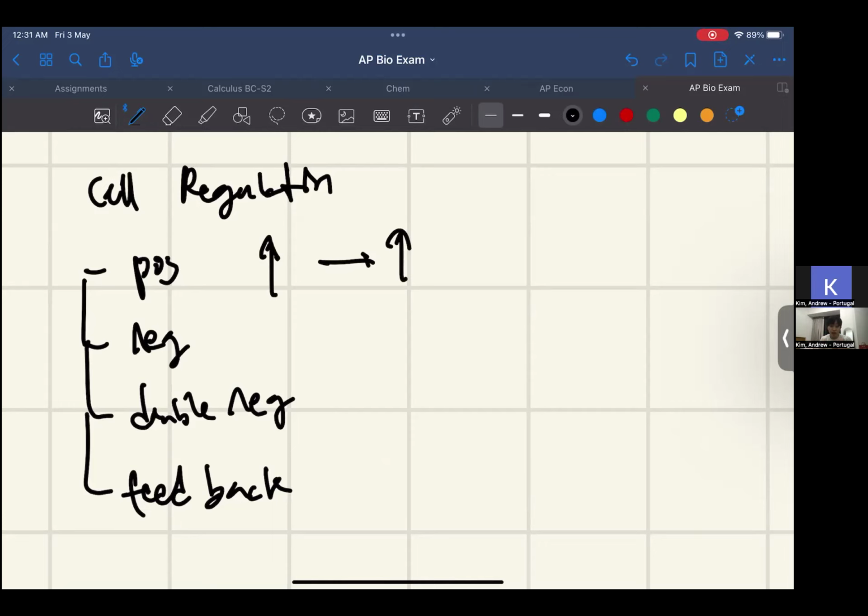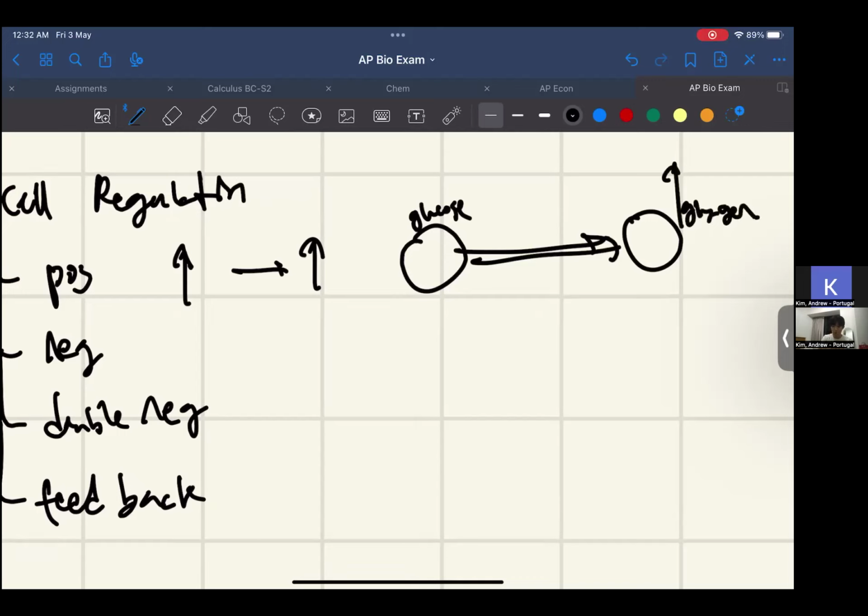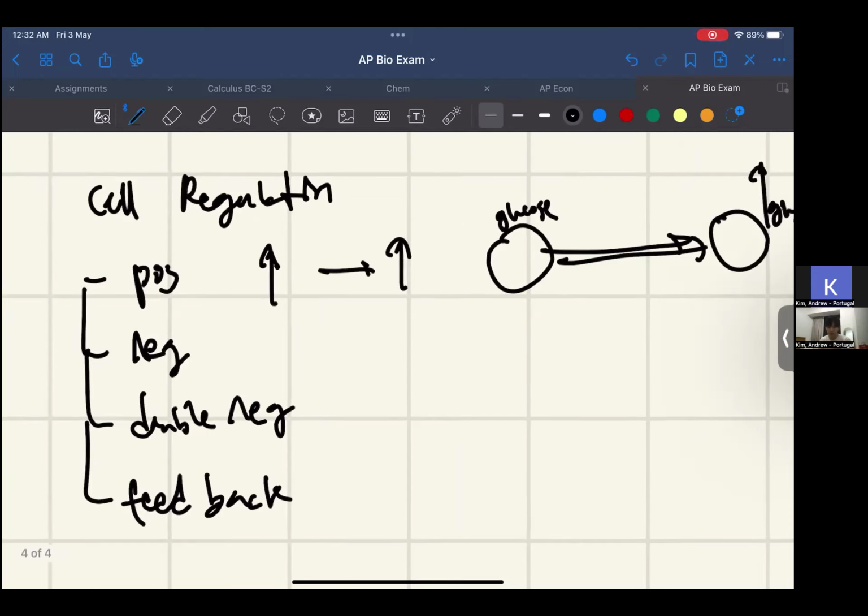Well, positive reaction happens when, for example, one organ sends a message to another organ. When glucose level increases, it sends a message, then glycogen level in the liver would increase, right? So as one factor increases, if another factor also increases, that's a positive relation.